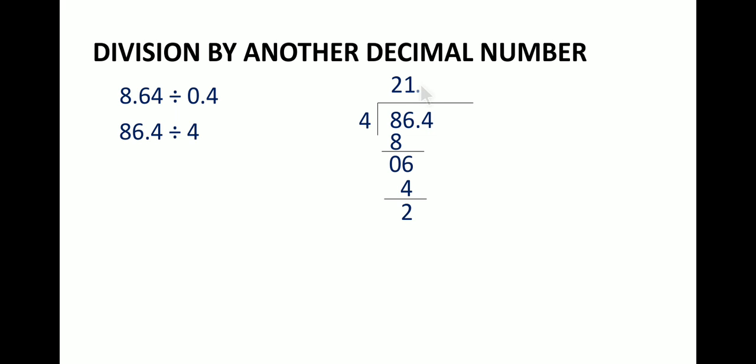So bring the decimal up there, and now you can bring down this 4 out here. Now 4 can divide 24 6 times. So 4 times 6 is equal to 24, and the remainder is equal to 0. So the quotient we have obtained is 21.6, and that's the answer for dividing 86.4 by 4. So 21.6 is the required answer.